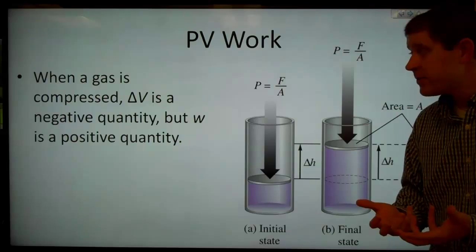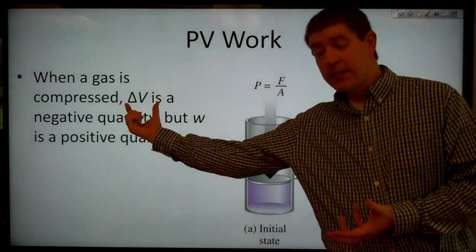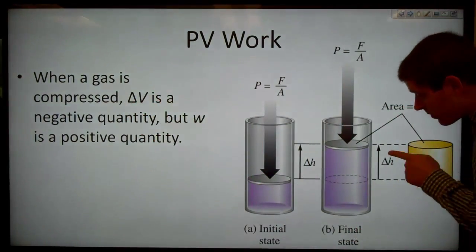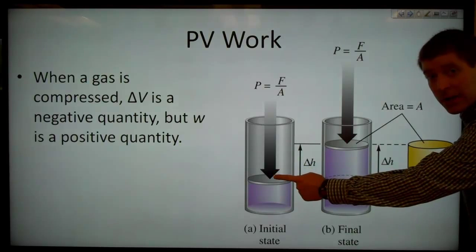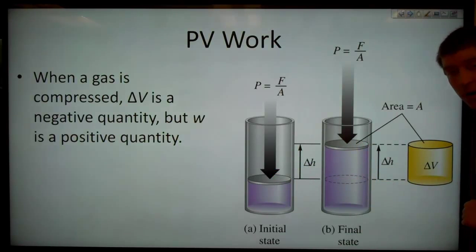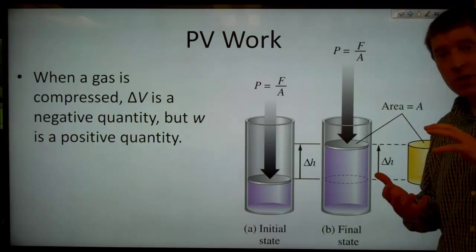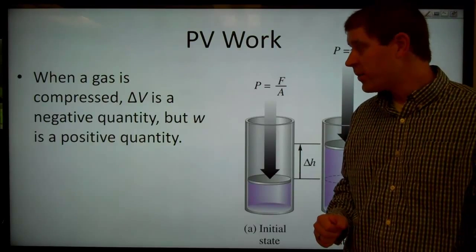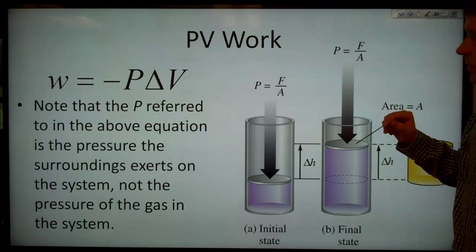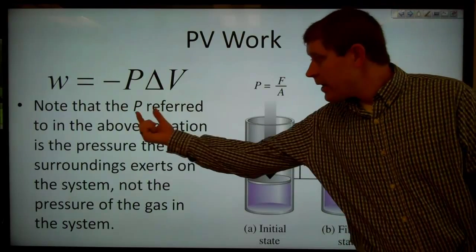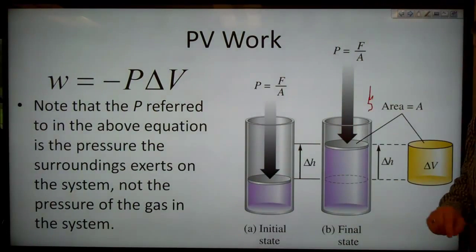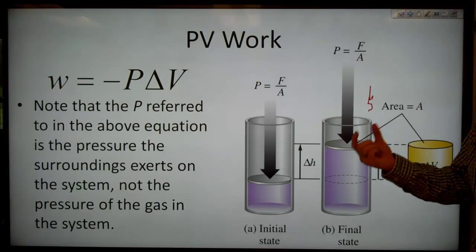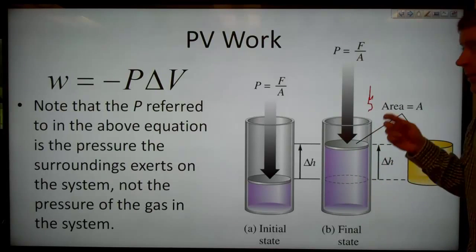If we go from here back to there, we lower our volume, which means the change in volume is a negative value. So again, the pressure there is the pressure exerted by the outside on the piston, not the pressure of the gas in the system.